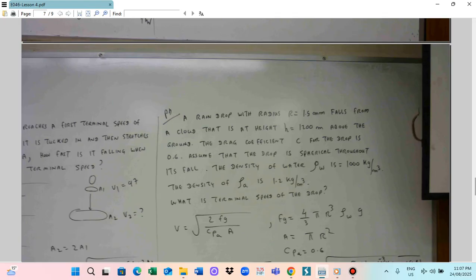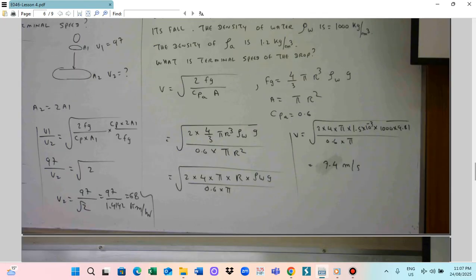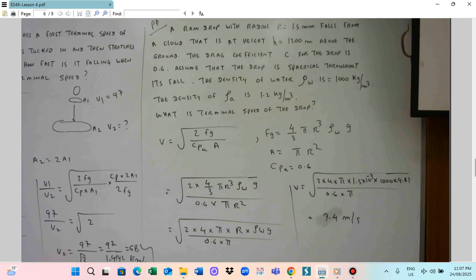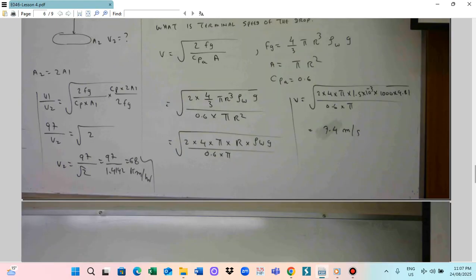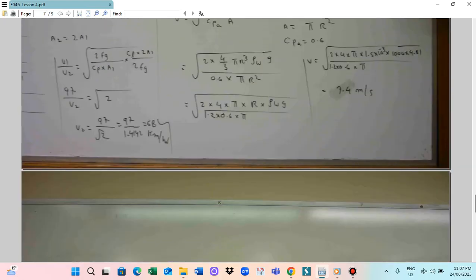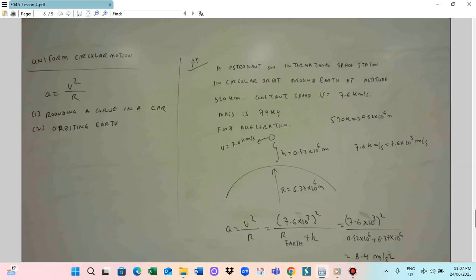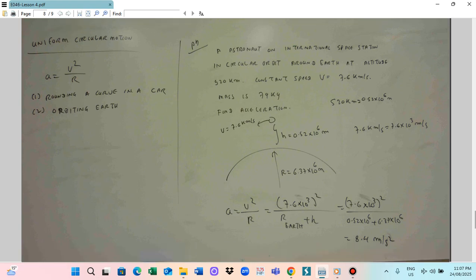In this case, acceleration A can be calculated as V squared by R. So this is for the centripetal acceleration. Uniform circular motion applies for rounding a curve in a car, or similar cases.